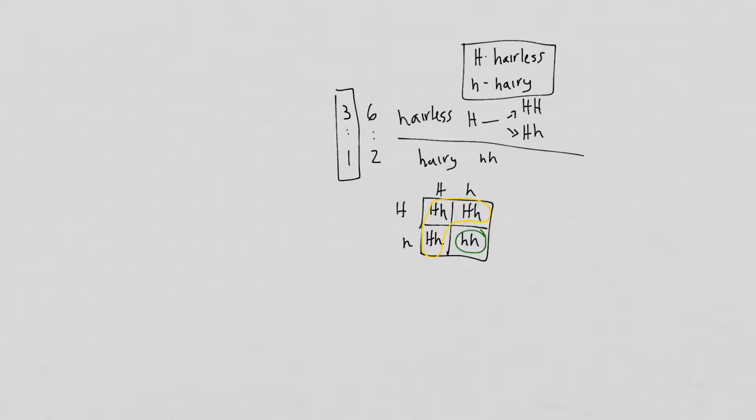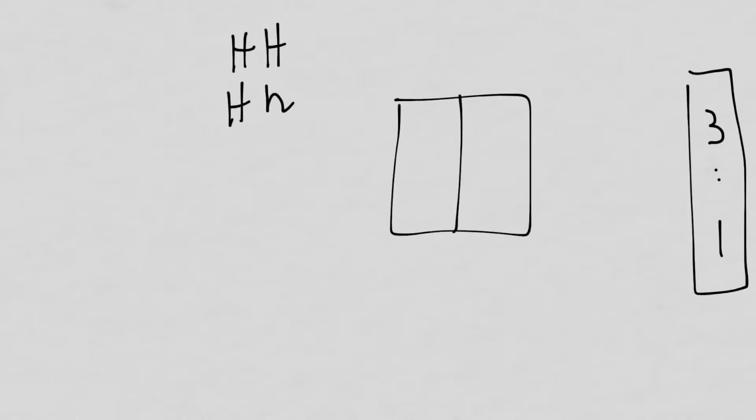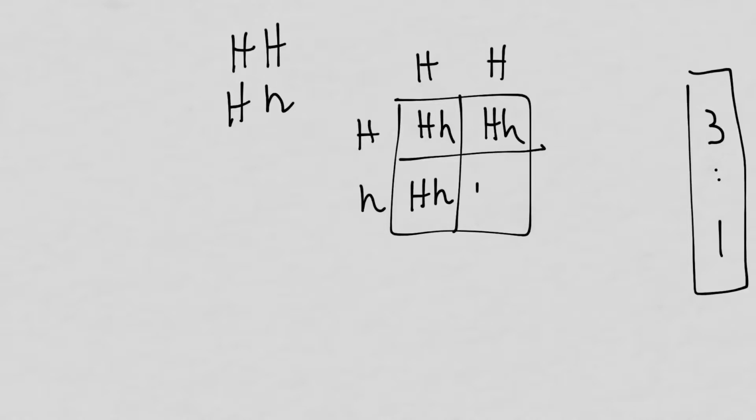Okay, just to show you another pattern that you might want to be familiar with, if we were to have, for example, big H, big H crossed with big H, little h, here's your Punnett square. You would see 100%, so all of them being dominant.